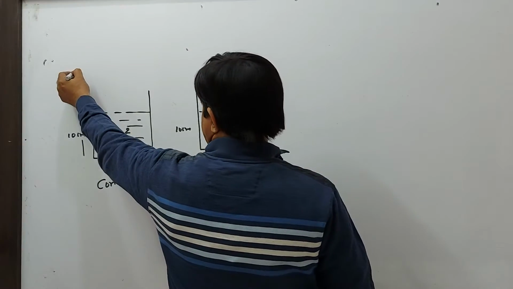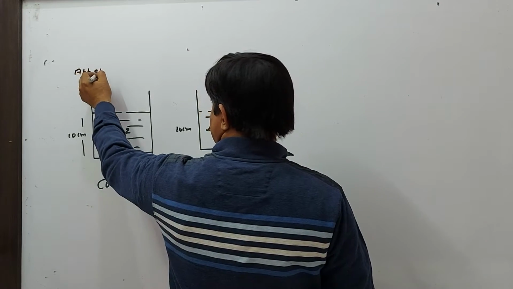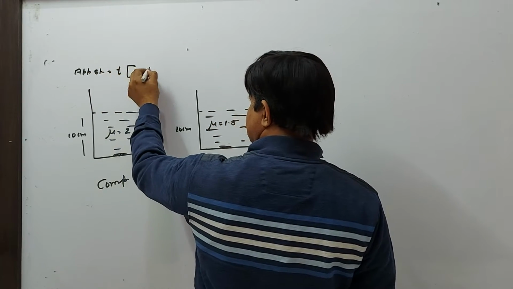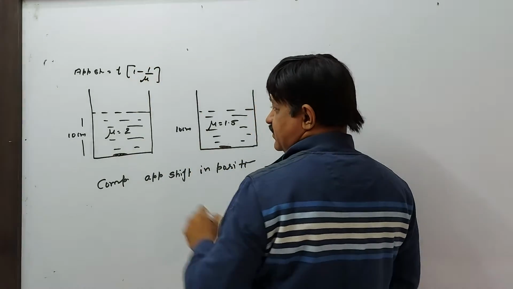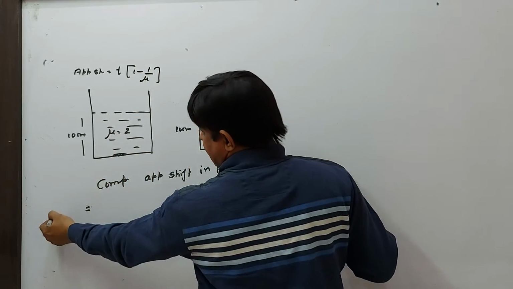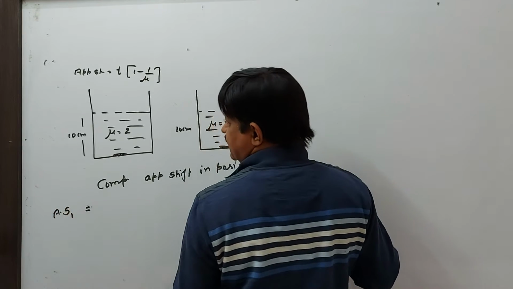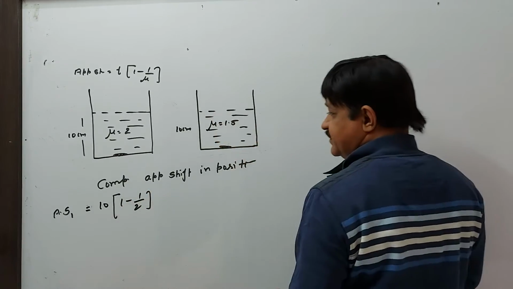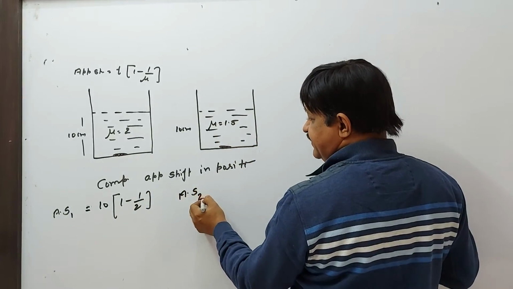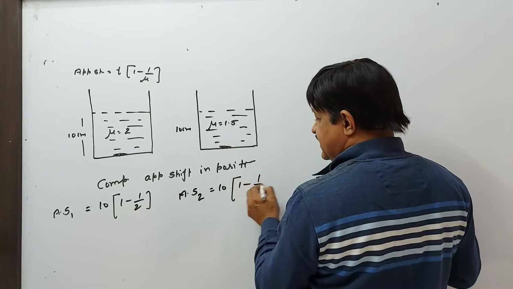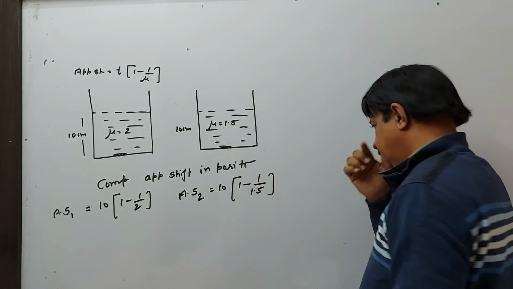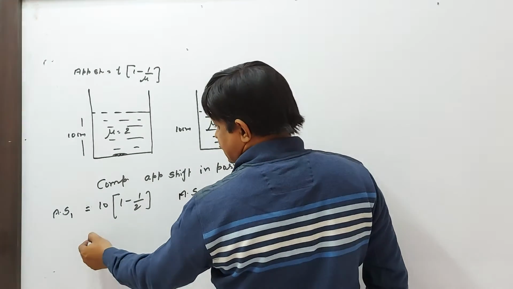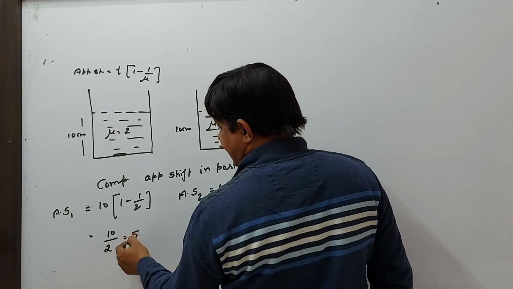यहां जब मुझे apparent shift देखना है, I'll go like this. T. तो सबसे पहले यहां पर देखते हैं apparent shift 1, it should be 10 (1 minus 1 upon 2). Apparent shift 2 is 10 (1 minus 1 upon 1.5). This result is 10 upon 2, so it should be 5.